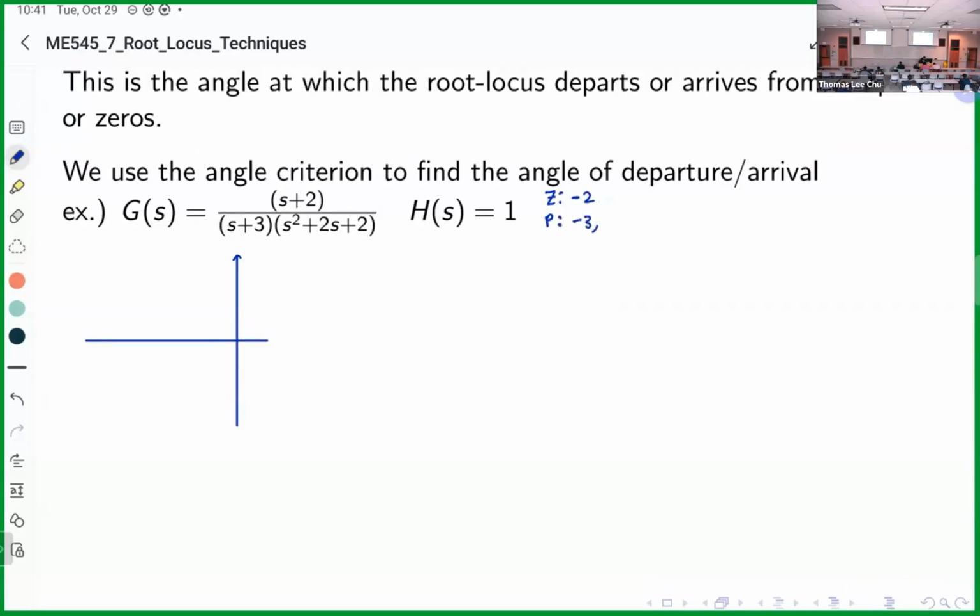And then this here, s squared plus 2s plus 2, is going to be a pair of complex conjugate poles at -1 plus or minus j. So then we actually have two zeros at infinity, because we have an equal number of poles and zeros.